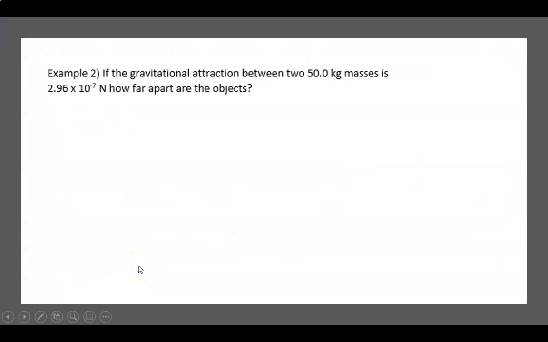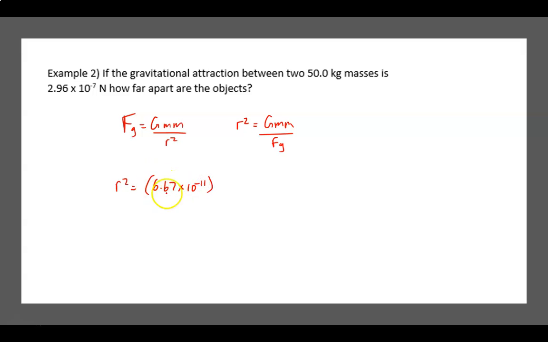So what happens if we've got two 50 kilogram masses? We know that it's a force of 2.96 times 10 to the negative 7 newtons. How far apart are the objects? Well, again, we're going to run through this formula, but we're looking for r in this case. So we're going to need to manipulate to solve for r. Now, we'll square root at the end here, but we'll plug in our numbers, 6.67 times 10 to the negative 11. And we got two masses of 50. Now, you could put 50 squared or just 50.